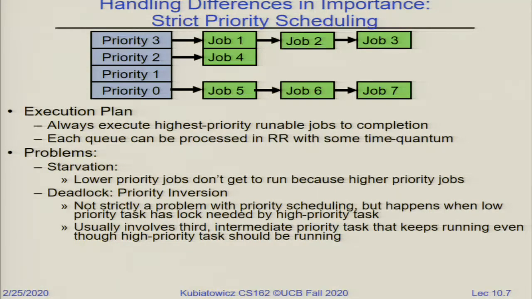Okay? The other interesting thing is priority inversion. So priority inversion is a good example where a priority 0 task, say job 5, grabs a lock, and then a high priority task comes in, and it preempts job 5, and the high priority starts running, except that then it tries to grab the lock. Okay? So now you've got a high priority one trying to grab the lock, a low priority one has the lock, and then somebody in the middle shows up and they just run.